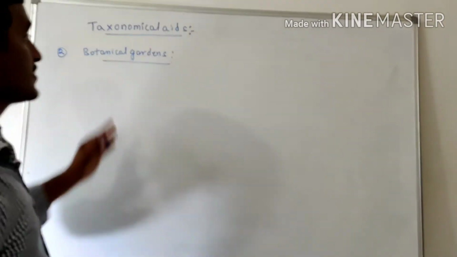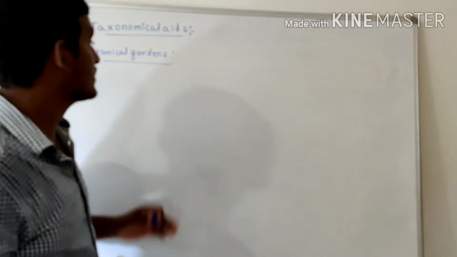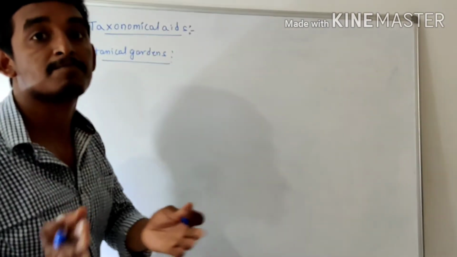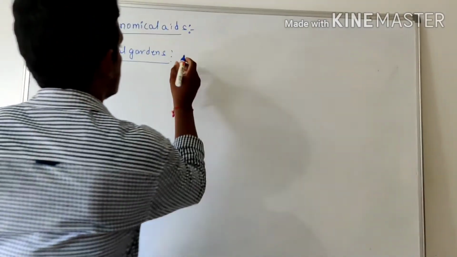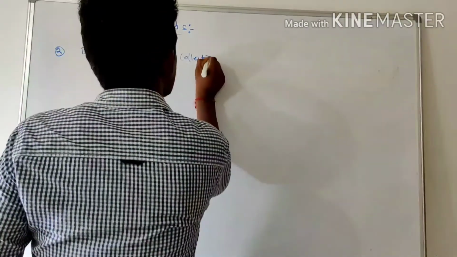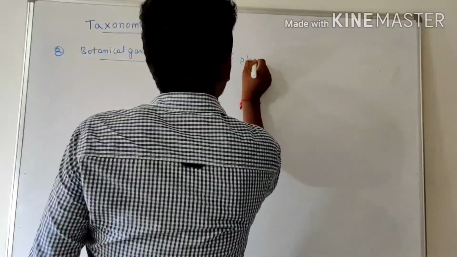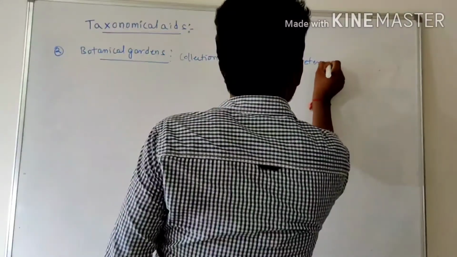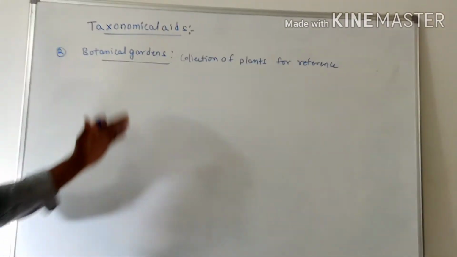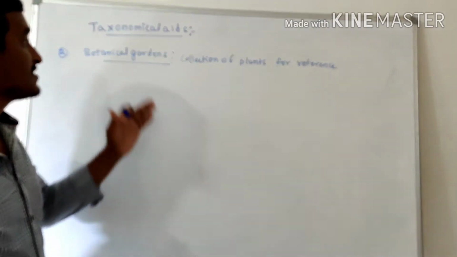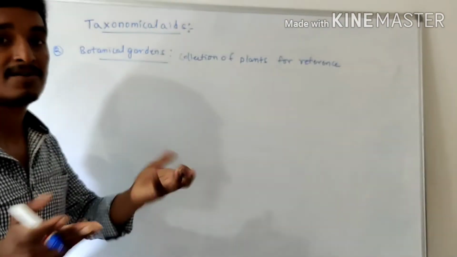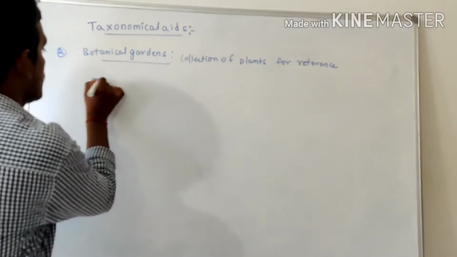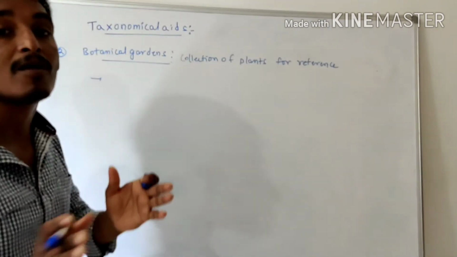What is the use of a botanical garden? A botanical garden has a collection of plants for reference purposes. It consists of a large number of plants, all varieties of plants.